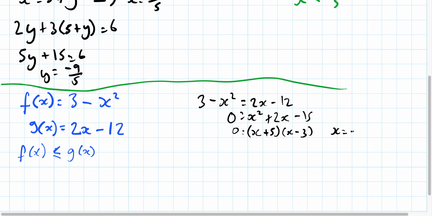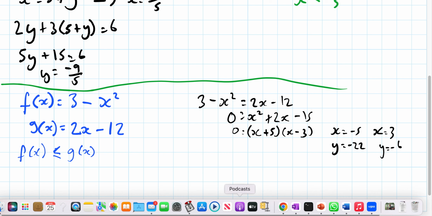Therefore x equals minus 5, x equals 3. So y equals, if I put minus 5 here, is minus 10, minus 12 is going to be minus 22, and if I put the 3 here, it's going to be 6 minus 12, which is y equals minus 6.